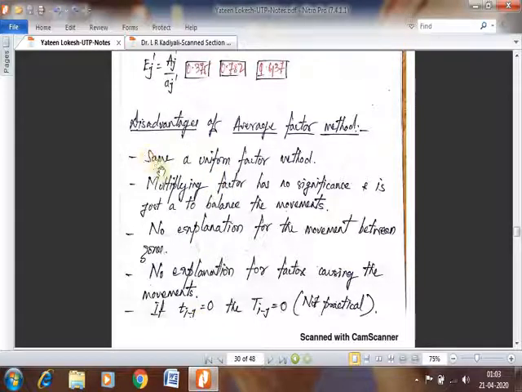So the first one is that it has similar disadvantage as the uniform factor method, or the first method that we had. Secondly, multiplying the factor has no significance and is just to balance the movements.